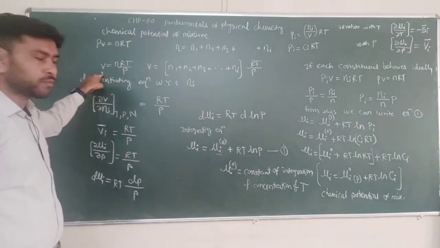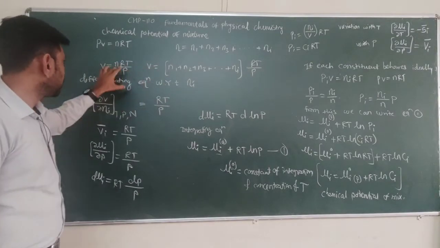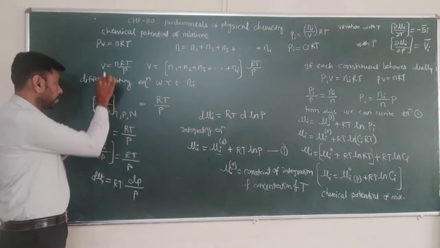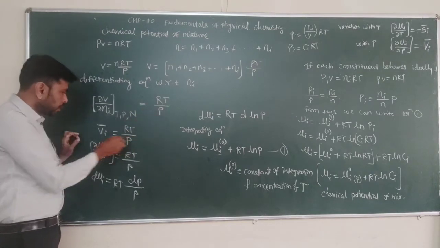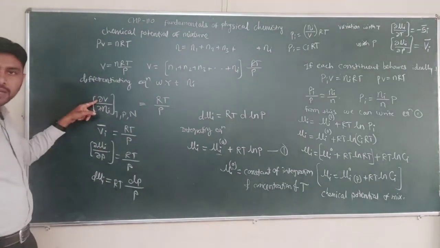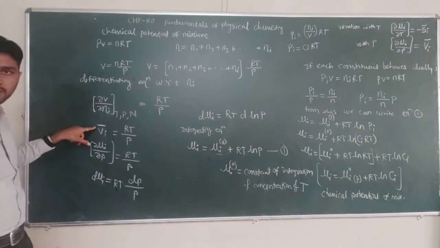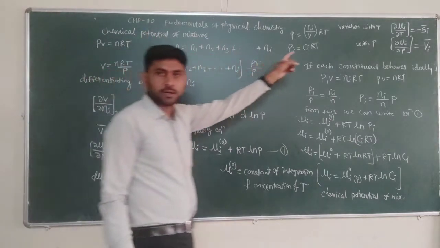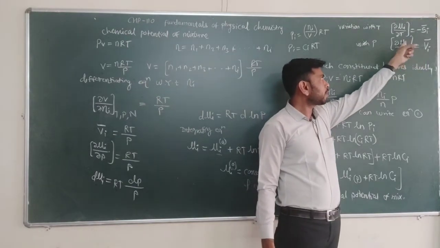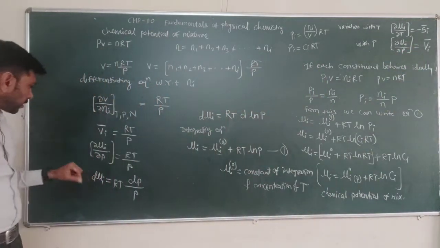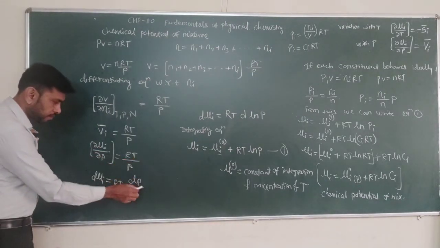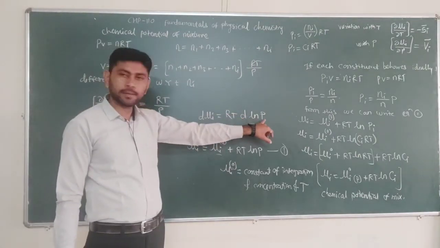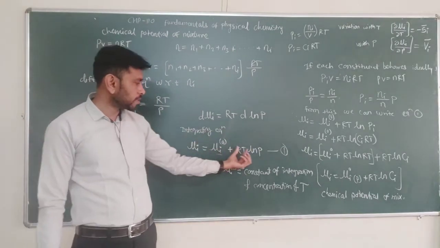Rearranging for V, V equal to nRT upon P. If this equation is differentiated with respect to Ni, we obtain delta V by delta Ni equal to RT upon P. This is the partial molar volume, represented by Vi, equal to RT upon P. From the variation of chemical potential with pressure, we can write Vi equal to delta mu I upon delta P. Rearranging, delta P is taken here, so dP upon P is written in differential form as d ln P. Now integrating this equation, we obtain the constant of integration and RT ln P.